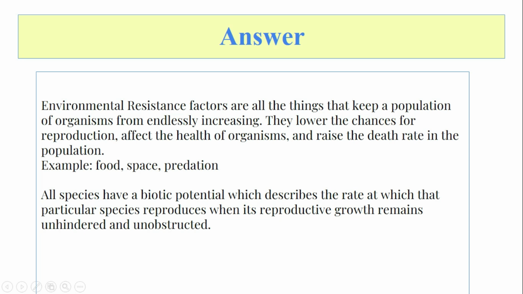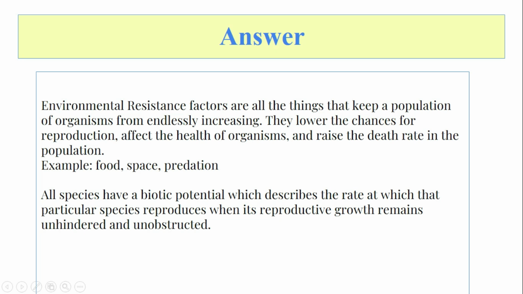Those are just 3 examples. Let me finish reading. All species have a biotic potential, which describes the rate at which that particular species reproduces when its reproductive growth remains unhindered and unobstructed.